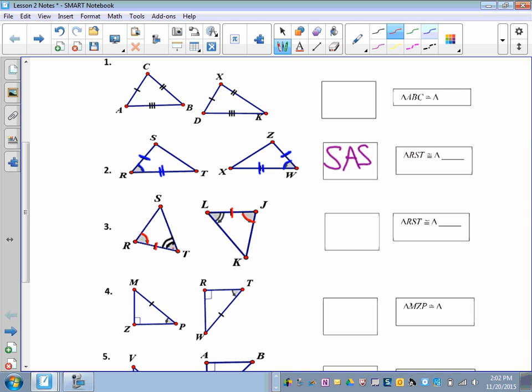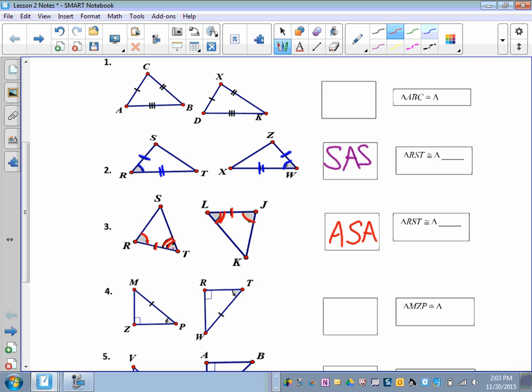And angle T is congruent to angle L. So we have an angle, side, angle. Since they both have the same corresponding angle, side, angle being congruent, then by angle side angle, we can say that these 2 triangles are congruent.